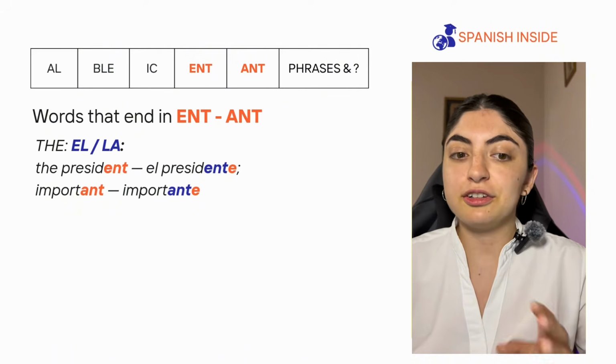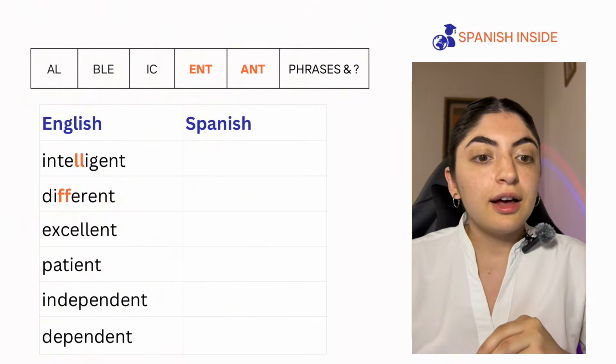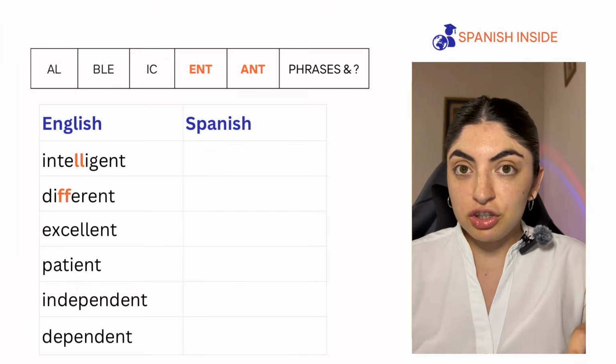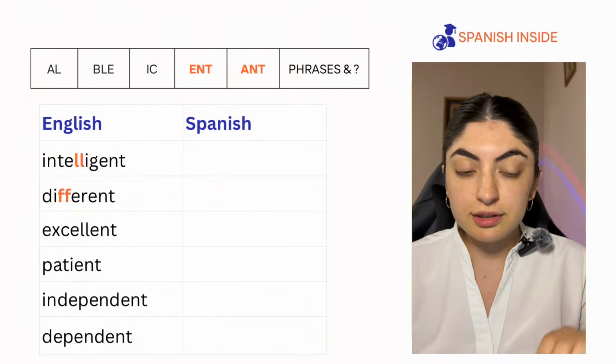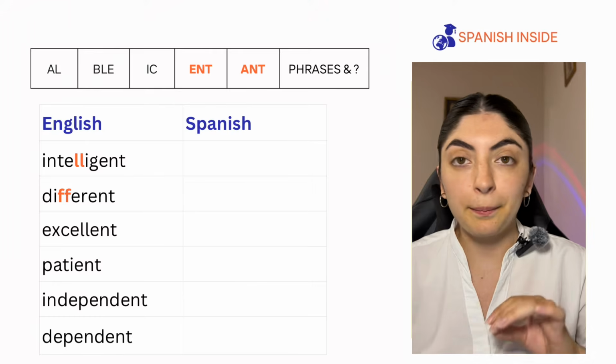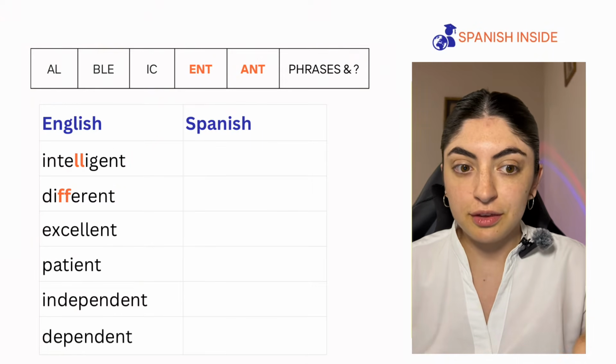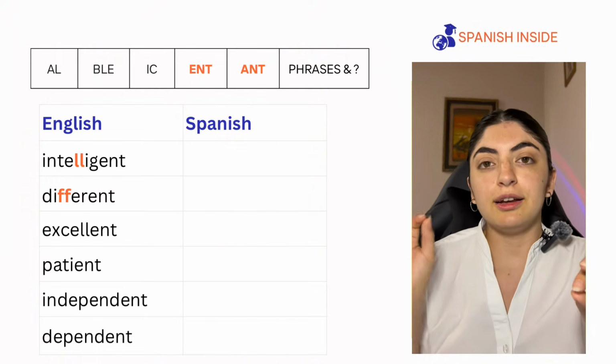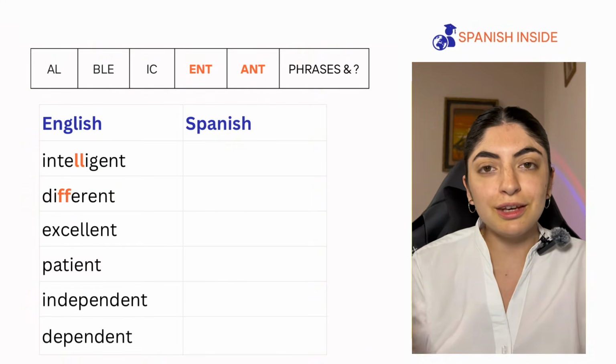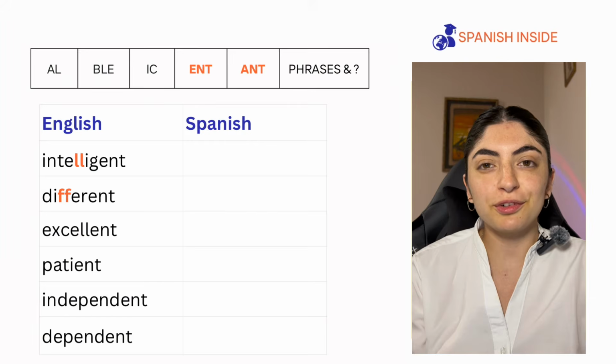Here are some examples: intelligent, different, excellent, patient, independent, dependent. So if you add an e on all of them, they will become Spanish words.